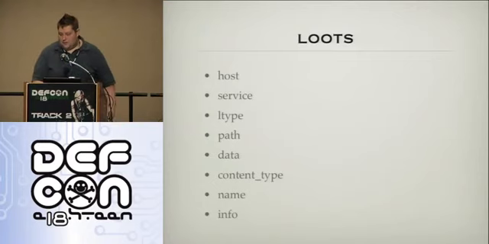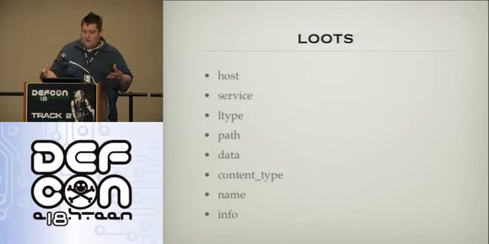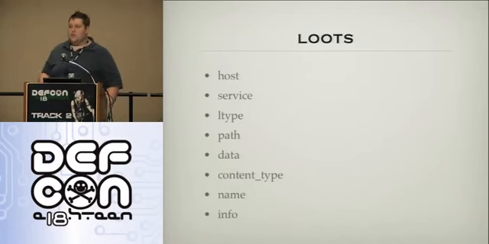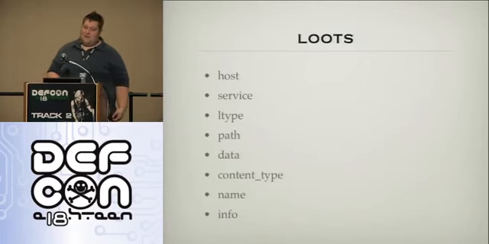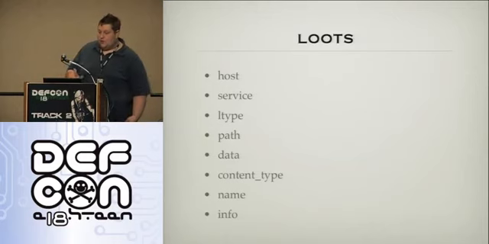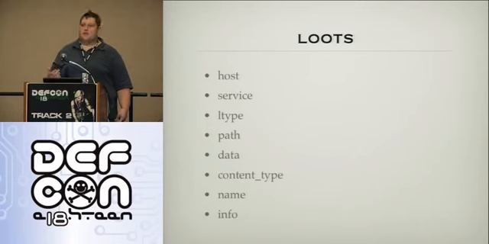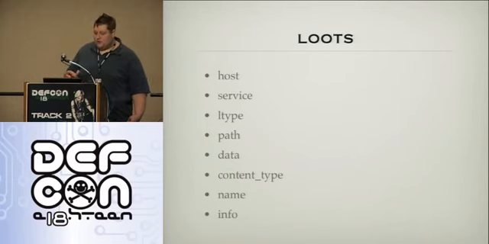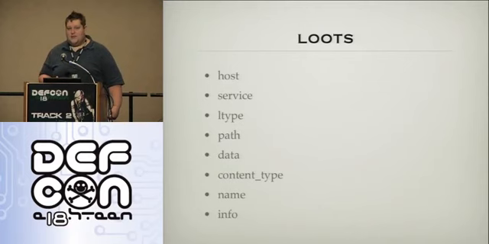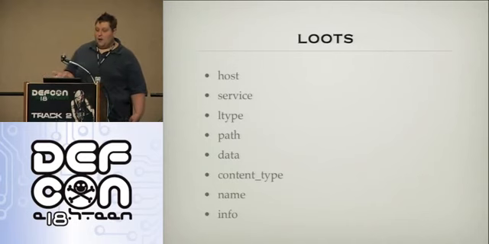So then we have loot. Loot is mostly used by Metasploit Express and the more commercial products, but we have it available to us as well. So with the loot, it's basically anything that you have acquired from the host that you find to be valuable. We don't store the content necessarily in the database, but we have the host service information, the type of the stuff that we have acquired, and then the path variable says where to find that.